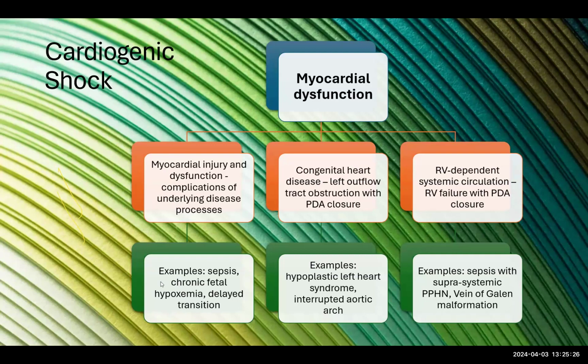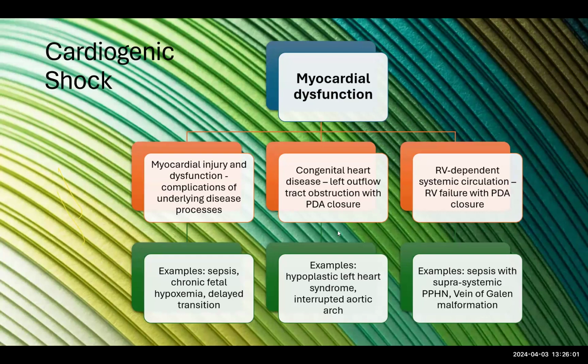So in those cases, just using high dose vasopressor is not going to work. To complicate things, sometimes we worry about sepsis, but sometimes, especially those left outflow tract obstructions with PDA closure, they can be mimickers of neonatal sepsis. While hypoplastic left heart syndrome should be readily diagnosed during the antenatal period, sometimes coarctation or interrupted aortic arch may not be readily picked up in all the antenatal ultrasounds.